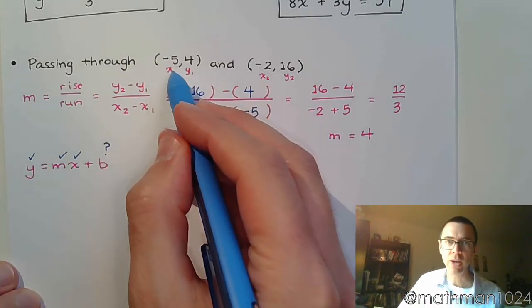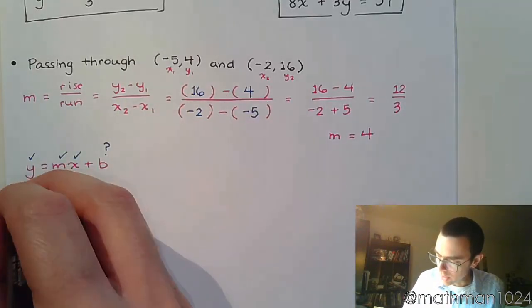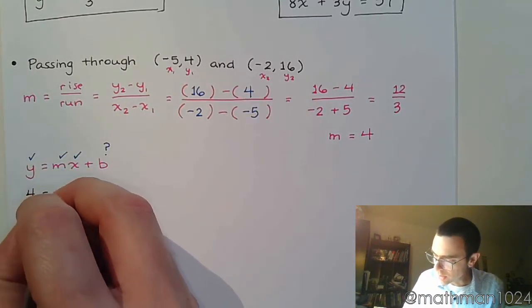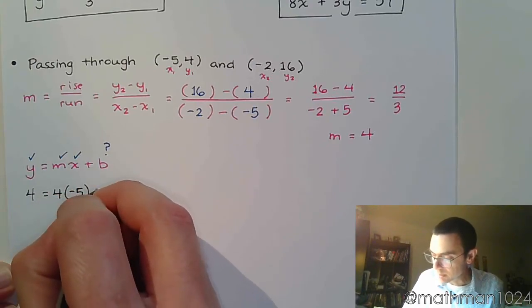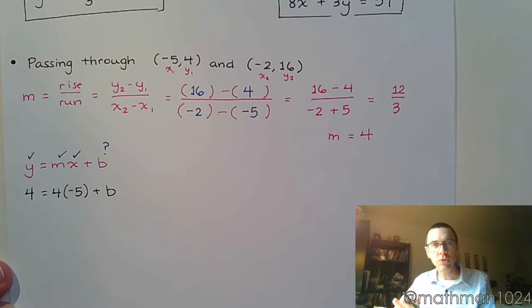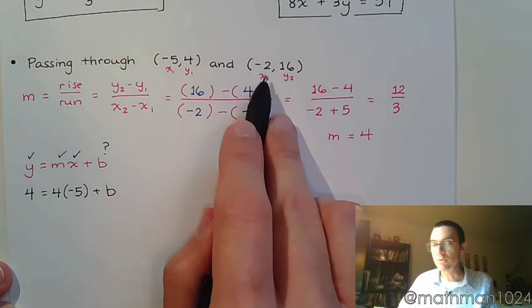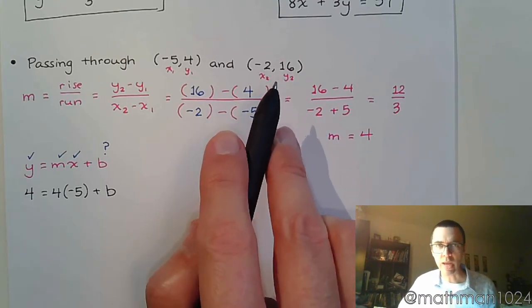I'm going to start here with negative 5 and 4. It's the first one listed, so why not just use that? y is 4. My slope is 4, and my x value here is negative 5. And it's the plus b that I'm trying to find. Now, if you don't like using negative 5 and 4 and you would rather use negative 2 and 16, do that. You're going to find out that the b value is exactly the same.